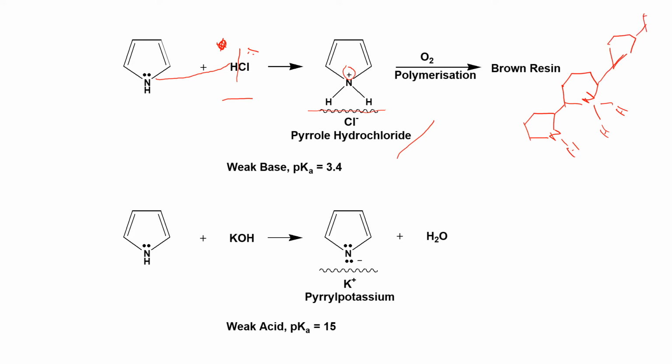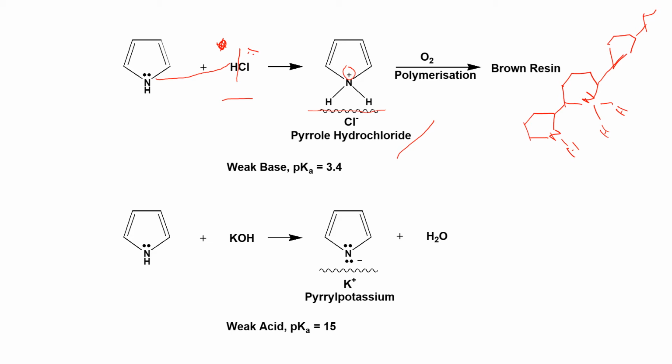So after polymerization, a long brown colored polymer, that is a resin, will be formed. So we will discuss this property in the next slide.